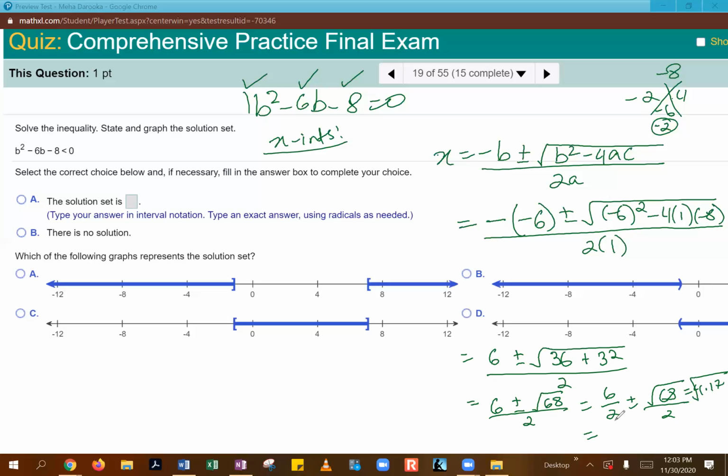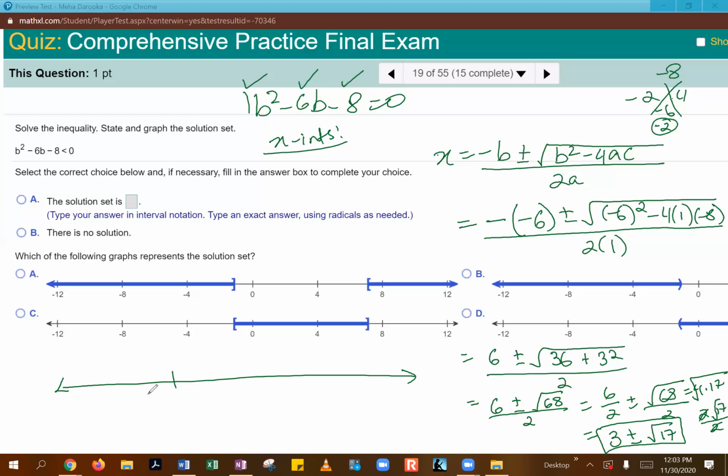So then you would end up with 6 divided by 2 is 3, plus or minus 2 square root of 17. And then dividing that by 2 would just leave you with square root of 17. So they're not happy numbers, 3 plus or minus square root of 17.